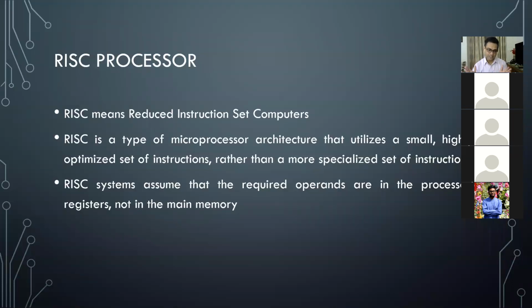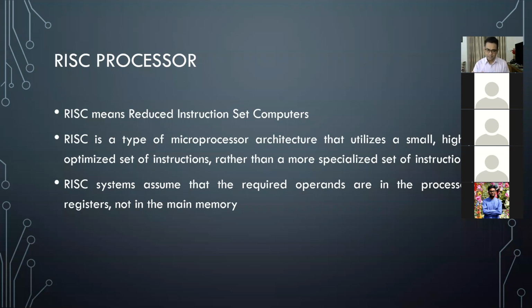But if you want to write the same add instruction for the RISC processor, it is not like that. You need to load variable 1 into register 1. Second line, load the second variable into the second register.